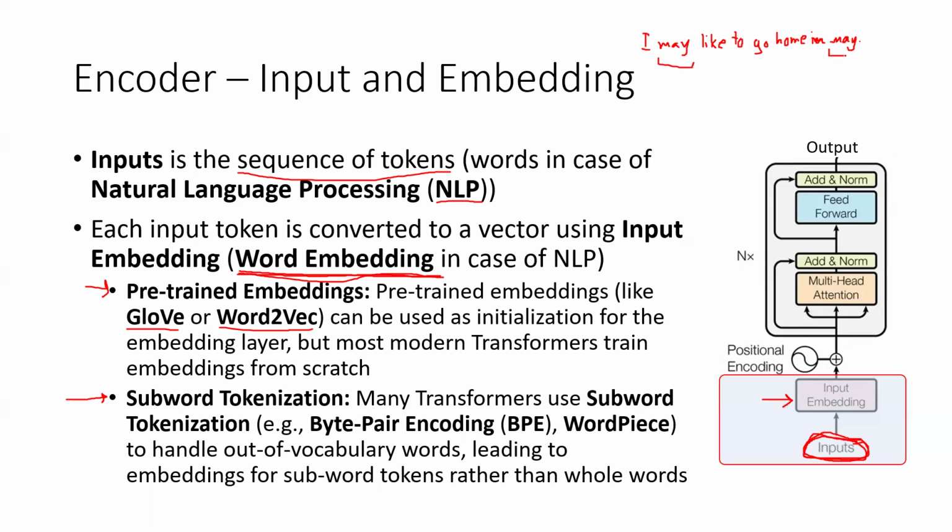The second May is a month, right? We know because by looking at the surrounding words or its context, we can understand this May has a meaning similar to could or would, something like that. This May is not something like that. It is a month, the name of a month, right? So depending on the context, the application of this token may differ. But when it comes to word embedding or pre-trained embedding, the word may have a single vector, right?